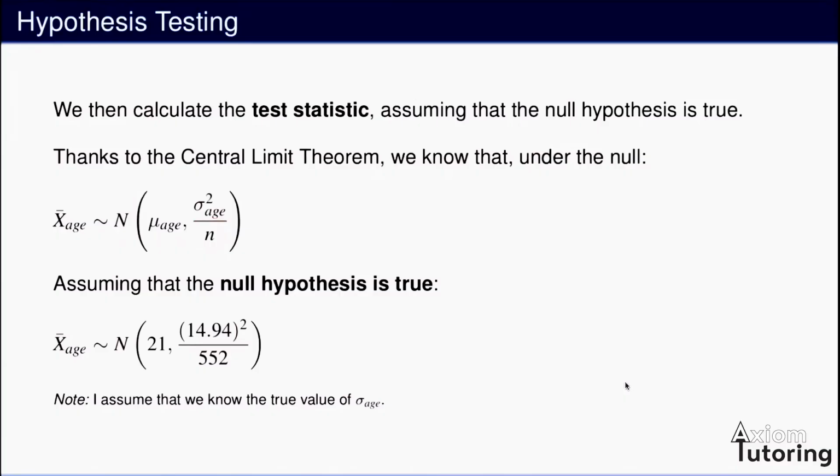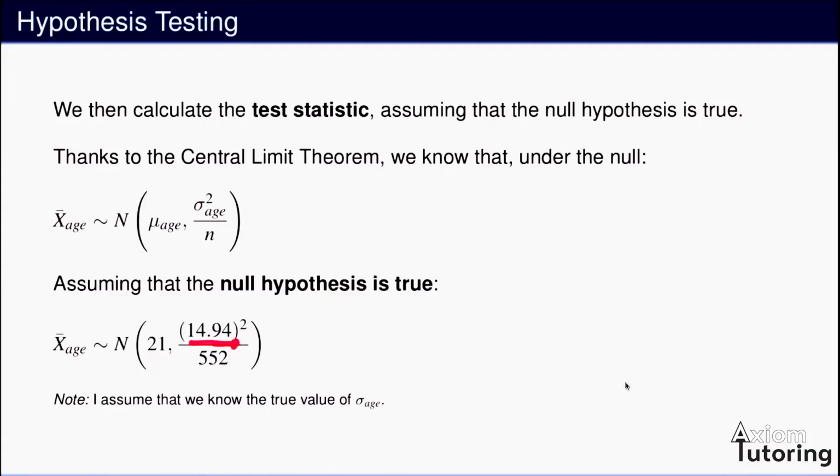Now, if we put in the values that we were looking at in our hypothesis, that means that the sample mean x bar age is distributed normally with mean 21, because remember 21 is what we assume in our null hypothesis. And then the variance, we're going to say it's 14.94 squared. So that actually is the sample variance.